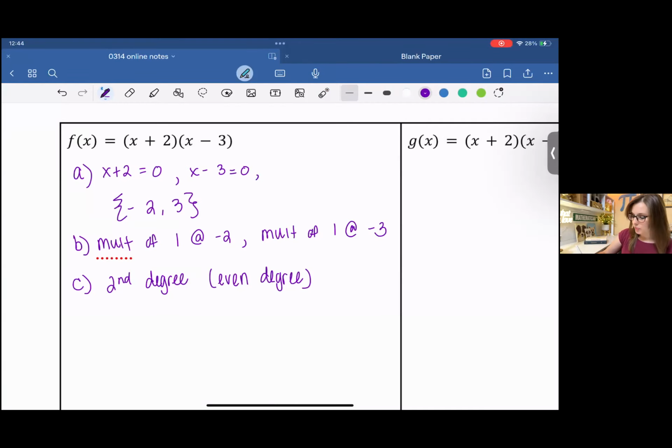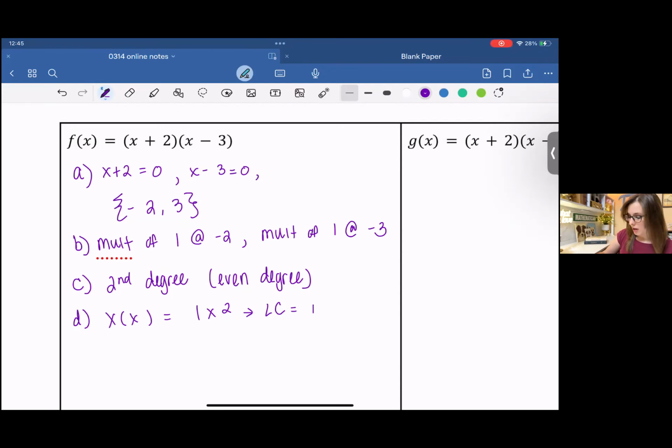And then the leading coefficient comes from multiplying those terms with x. The exponents on the factors are to the first, so if I were to expand that out, I would end up having x times x, which is 1x squared. So we have a leading coefficient of 1.